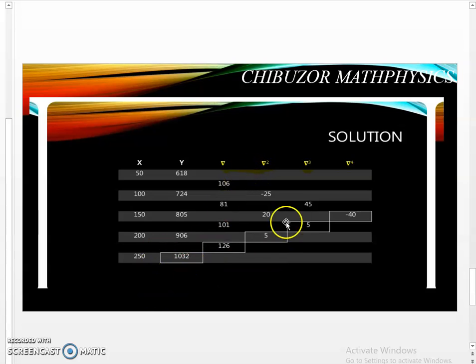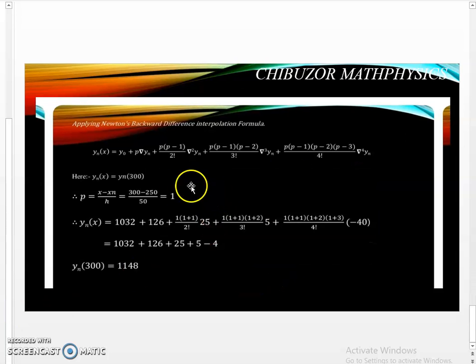Of course, we are going to calculate using the last column, and this is where we got our values from. When you take the differences, you have the first backward, the second backward, the third backward, and the fourth backward. So simply take this and plug it into the formula that we are given. So apply the Newton backward difference interpolation after finding the value of p. Of course, I've told you in the beginning that 300 is our x and 250 is our xn from the table.